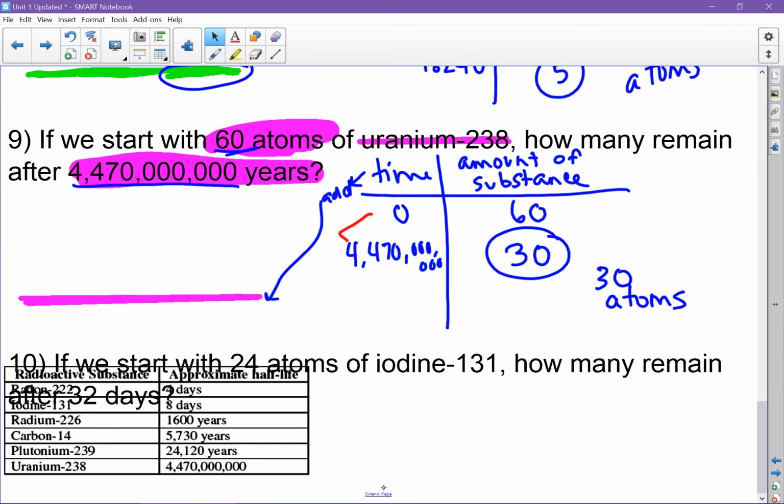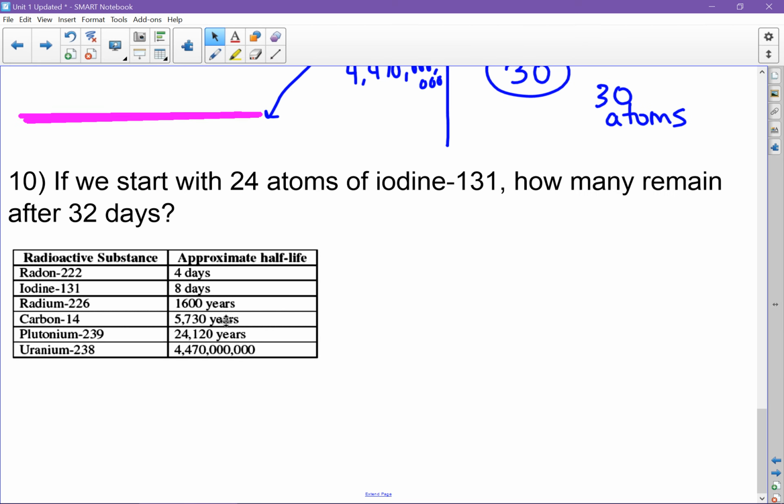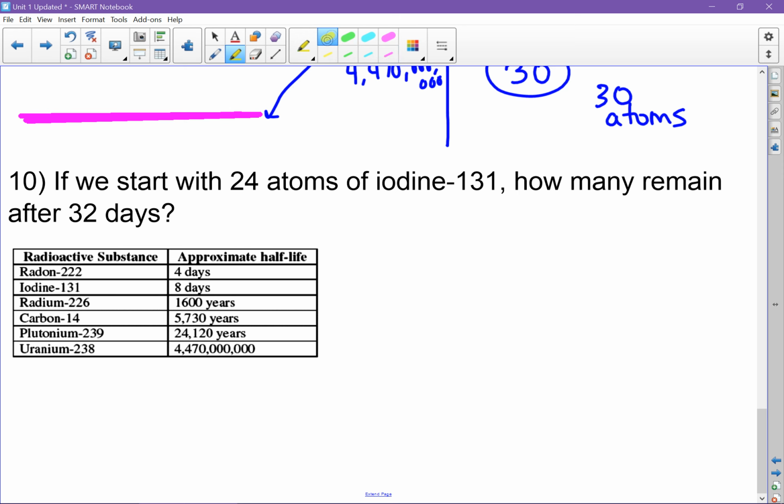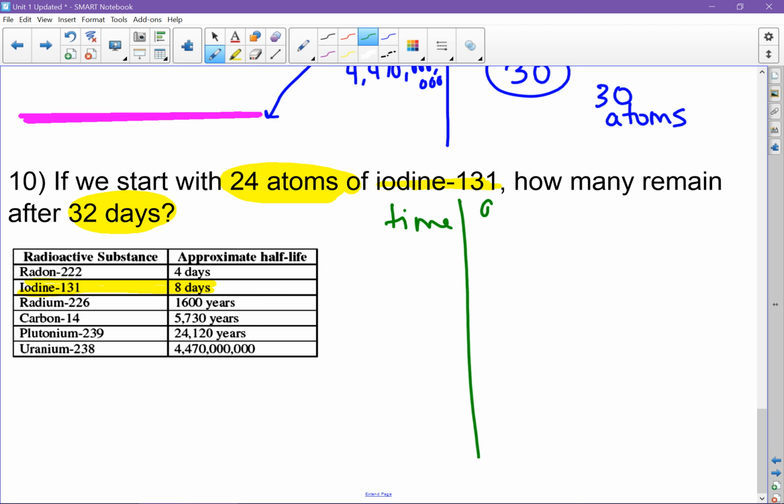Alright, last one. Okay, find some numbers in here to help yourself. Here's an amount number, here's a time number. It says we're looking for iodine-131, which is right here. So that's the half-life that we're going to use in our chart. So we've got time, we've got amount of substance.